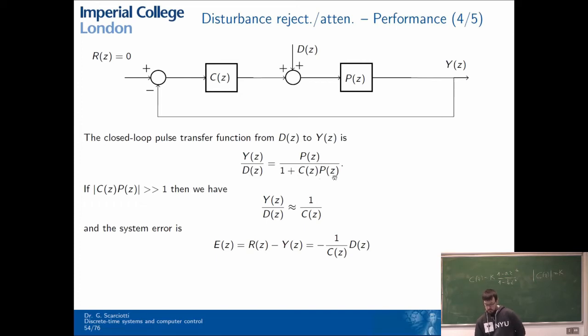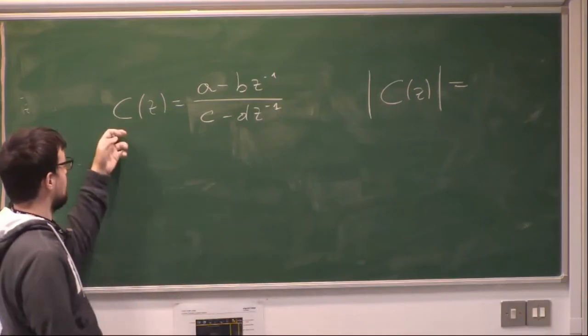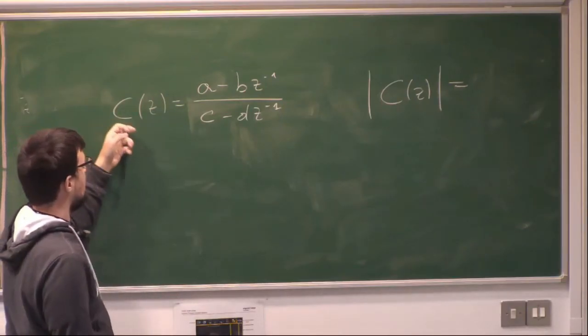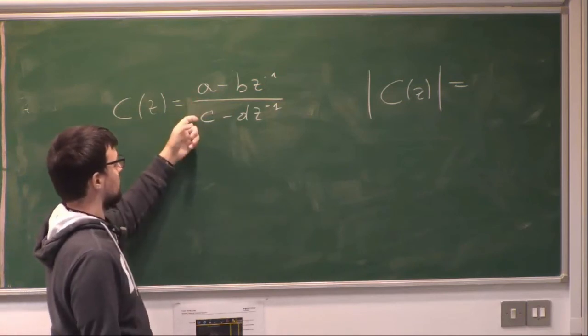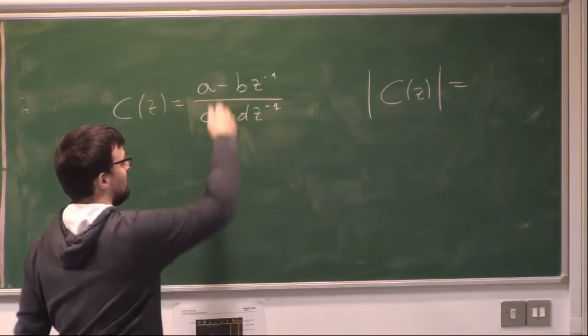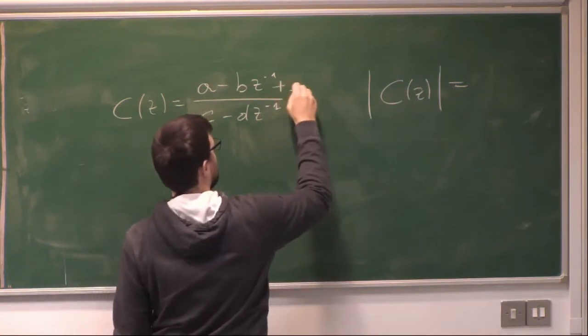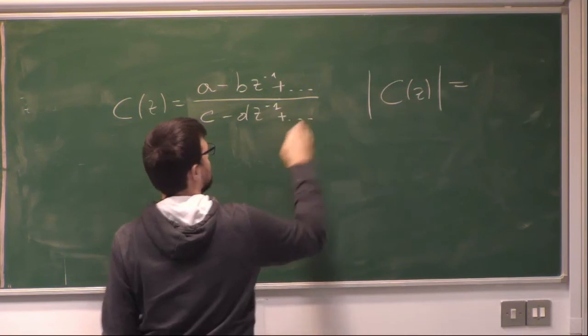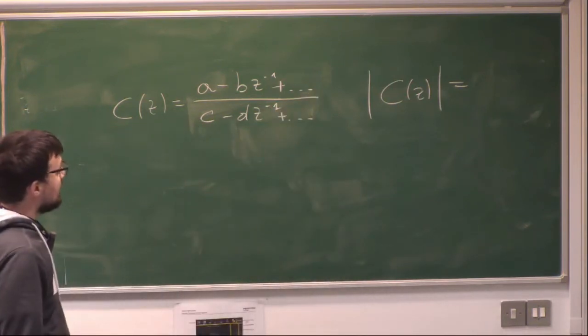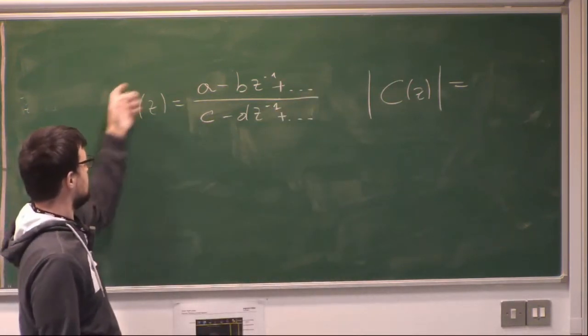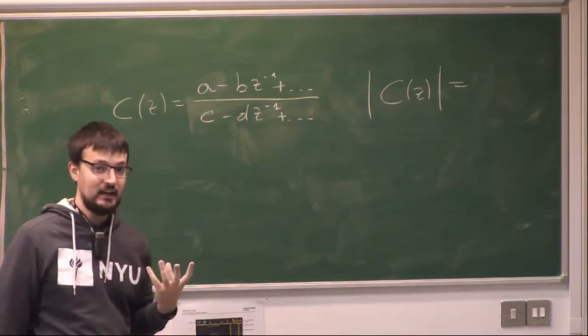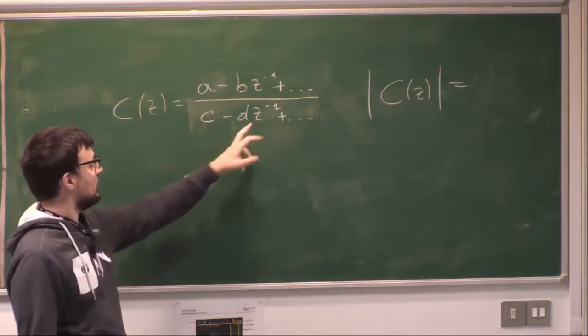Then what we note is the following. Let's assume that the gain C times P is much greater than 1. So what is the gain? To explain what the gain is, let's look at this example. We have the controller, and for simplicity we assume that the controller is like this, but it can be a polynomial that goes on forward. Then the gain of this is actually, to be precise, the high frequency gain, and it's the gain when z goes to infinity.